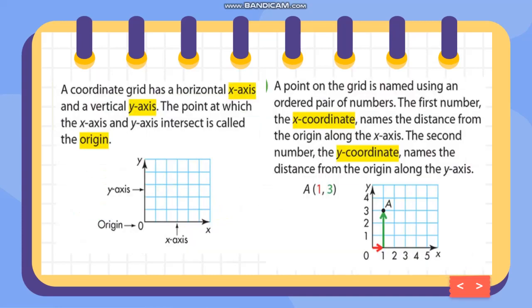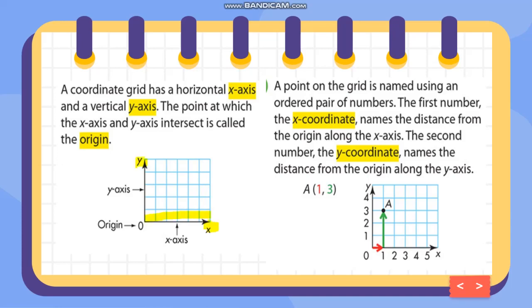When we say coordinate grid, this is the horizontal, which is the x-axis, and the vertical, which is the y-axis. So a coordinate grid has a horizontal x-axis and a vertical y-axis. This is our x-axis and this is our y-axis.